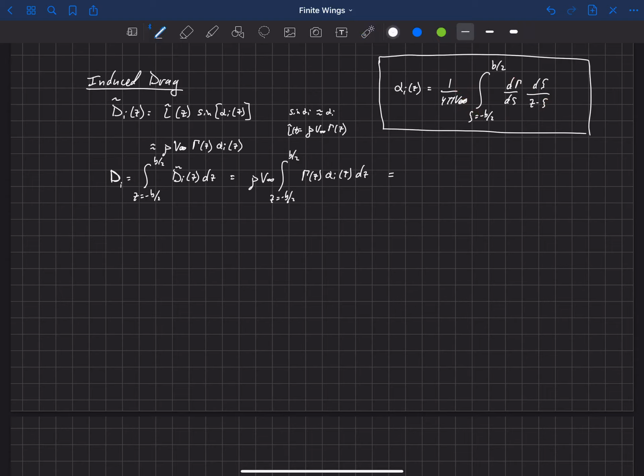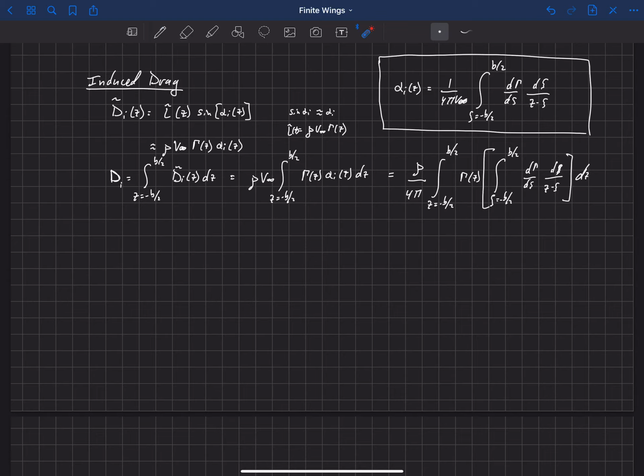Now we're going to plug in for alpha I, and when we do that, what we get is a double integral. I'm going to pull the constants out front, so we have rho over 4 pi times the integral from z equals minus b halves to b halves of gamma of z times the integral from zeta equals minus b halves to b halves of d gamma d zeta, d zeta over z minus zeta, dz.